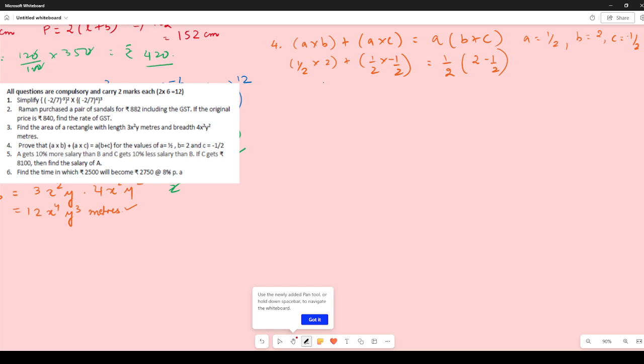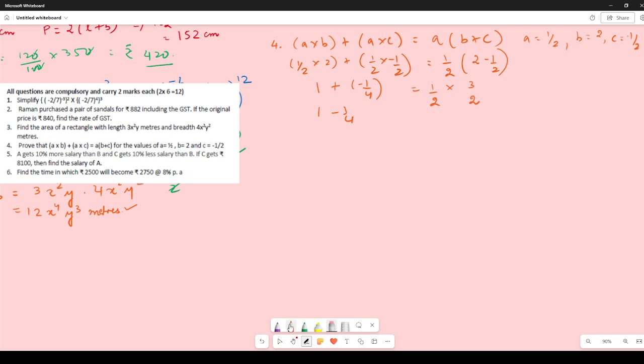So this is 1 by 2 into 2 is 1 plus minus 1 by 4 equals to 1 by 2 into 2 minus 1 by 2, which is 3 by 2, because it is 2 minus 1 by 2, right?